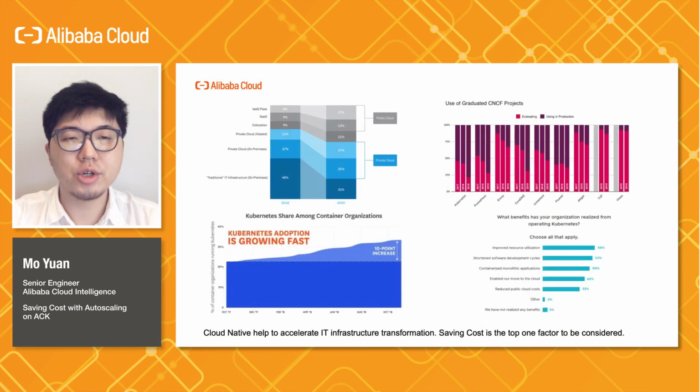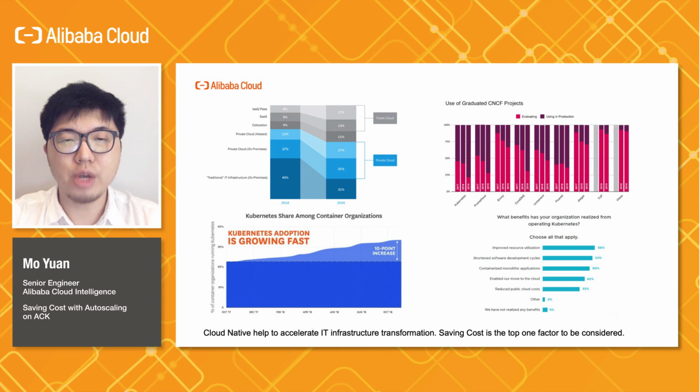In a recent survey of over 900 tech leaders, we discovered that migration from IDC to public cloud and private cloud is still accelerating. The adoption of cloud-native projects is more and more common. Kubernetes adoption is growing so fast.